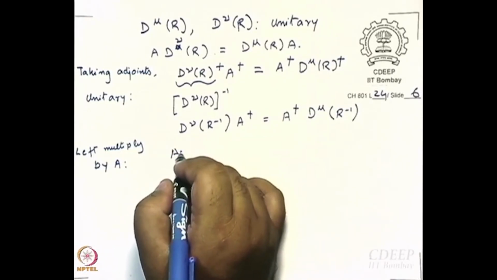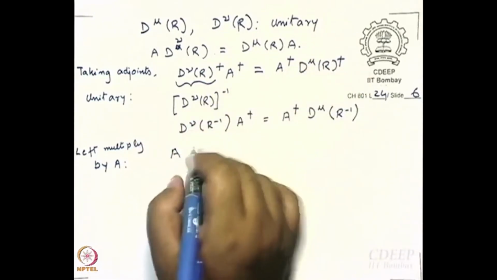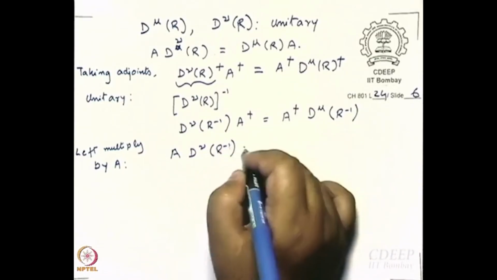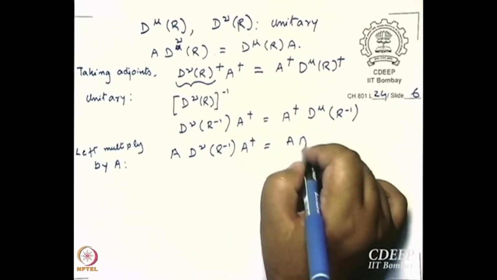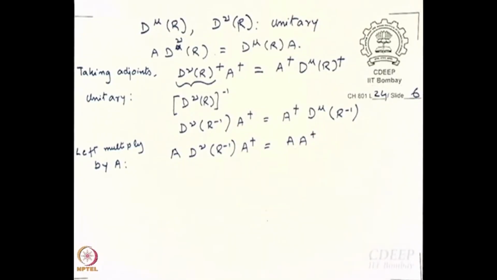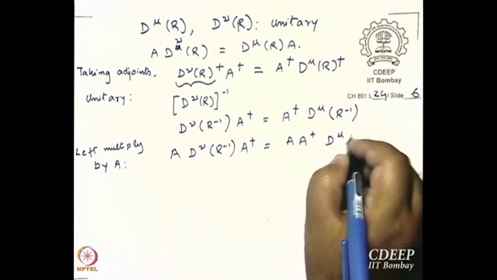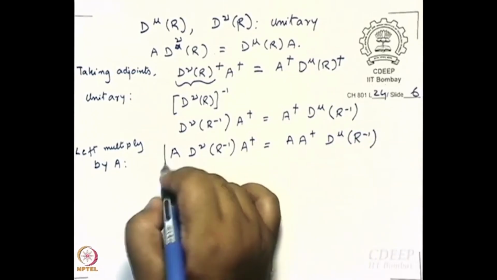Not necessarily, but this looks at least something like a similarity transformation. A d nu R inverse A dagger is equal to A, not inverse, sorry, my mistake. It looks something like a similarity transformation, not actually. A dagger d mu R inverse. It will help us eliminate some things.